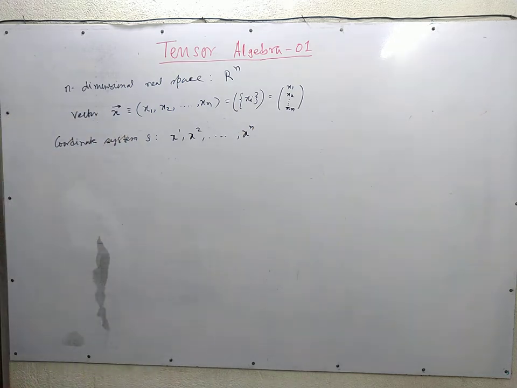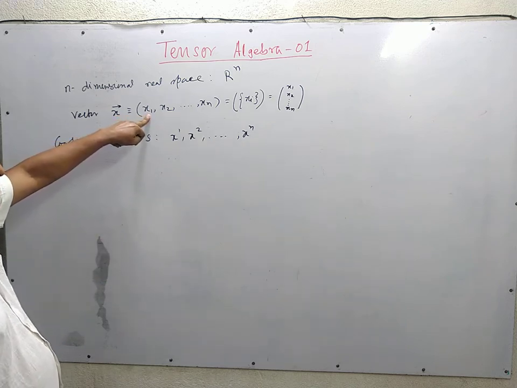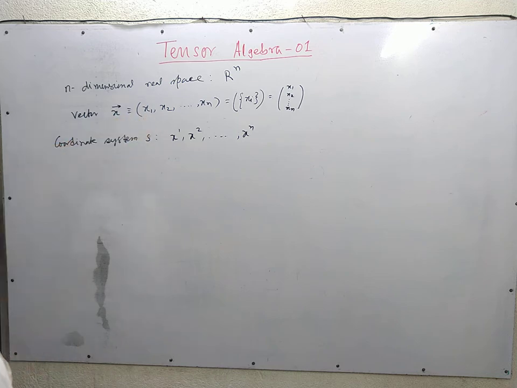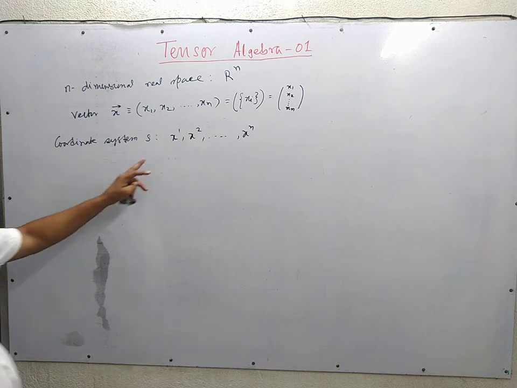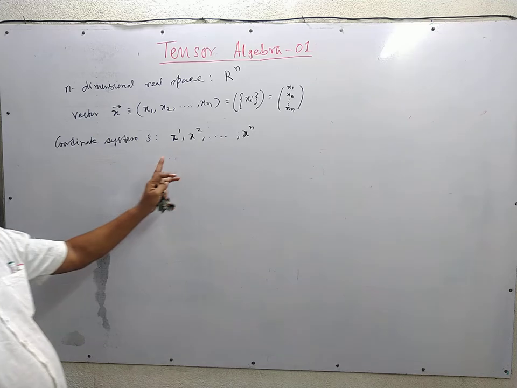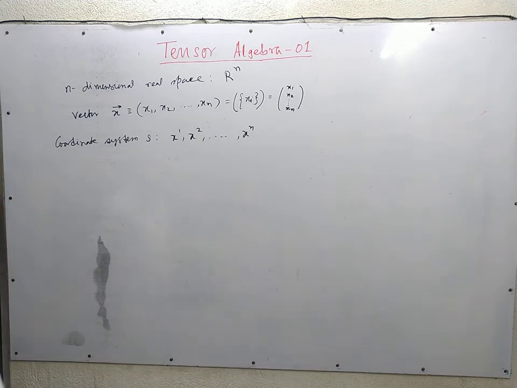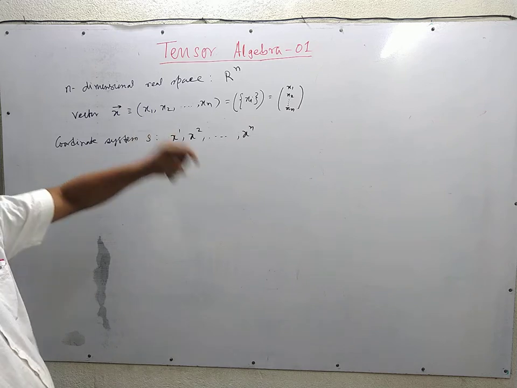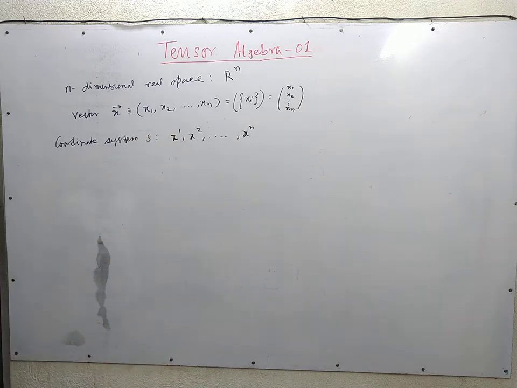The reason will become clear in the next few lectures. Instead of using subscripts, as we used to do in vector analysis, in tensor analysis we write these as superscripts. Remember that these are not powers, these are superscripts. So these are the axes of the S frame.